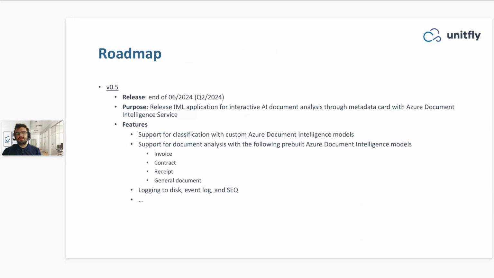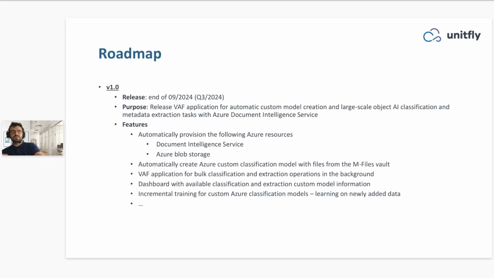The features that we support with this version will be classification with custom Azure intelligence models and pre-built models such as invoice, contract, receipt, and general document. Also, there will be a lot of additional features. One of them is logging, so you will be able to see the actual logs and report to us and ask us for support if needed.